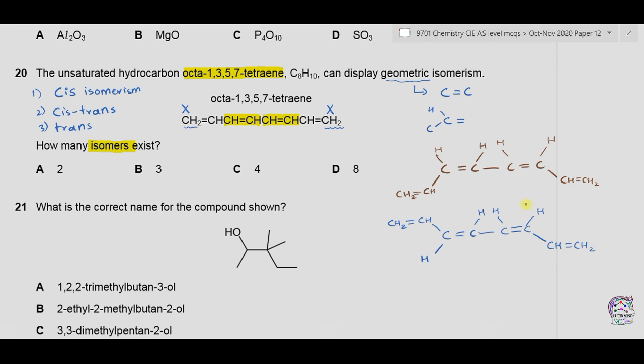This is when one is cis, as similar atoms are present on the same side, and one is trans. This is when both are trans.